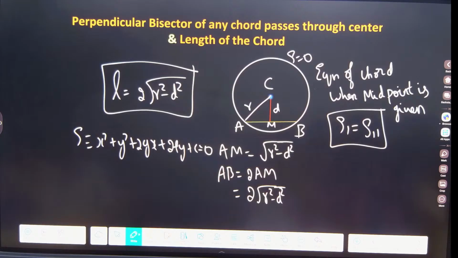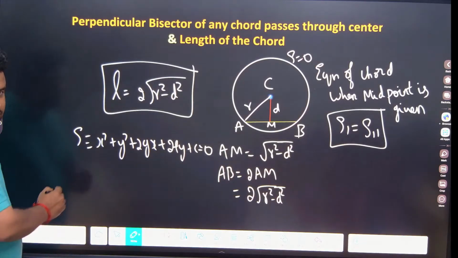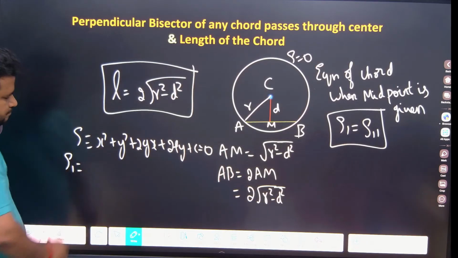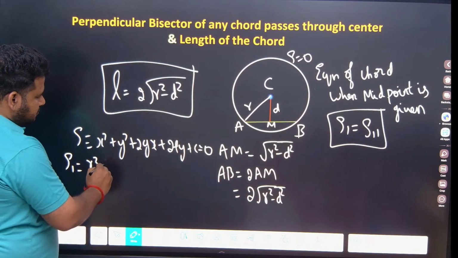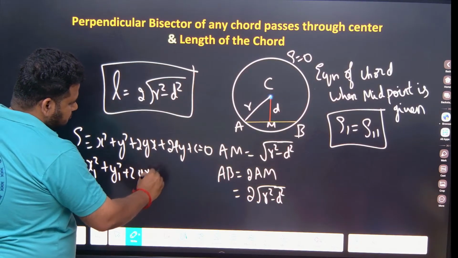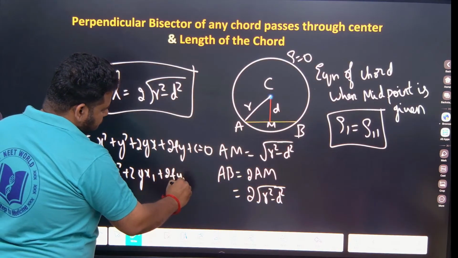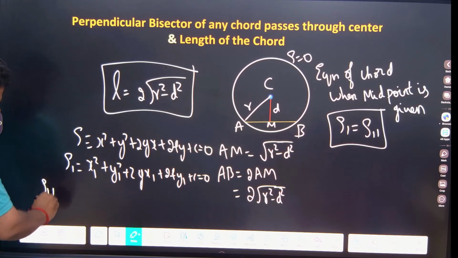This is what is given. What is S1? x1 square... okay, this is fine. Then what is S11?